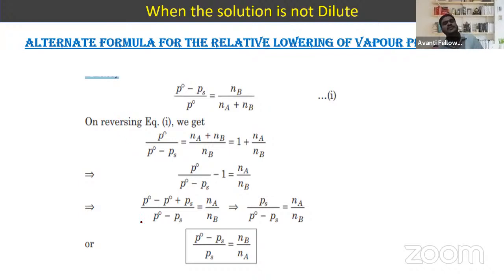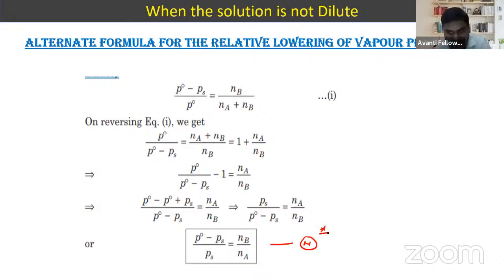On reversing this equation, we get P naught upon (P naught minus Ps) equals (Na plus Nb) upon Nb, or 1 plus Na upon Nb. Now P naught upon (P naught minus Ps), minus 1 is equal to Na upon Nb.